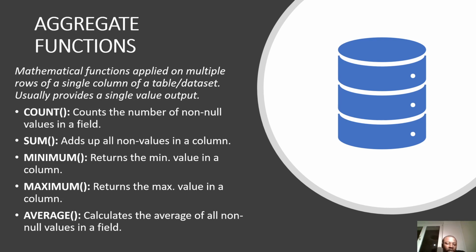Minimum and maximum, by their names, return the lowest or the greatest value based on which one you are using at the point in time. And the average also takes into consideration the non-null values in a particular column and calculates the average for that.